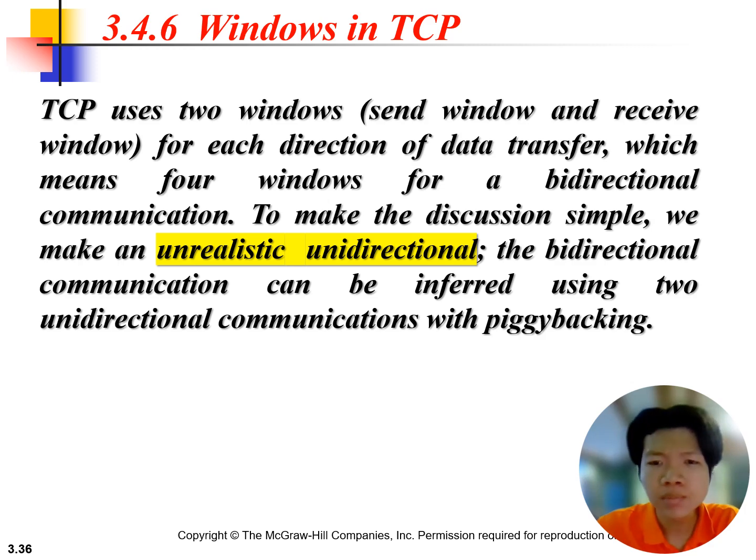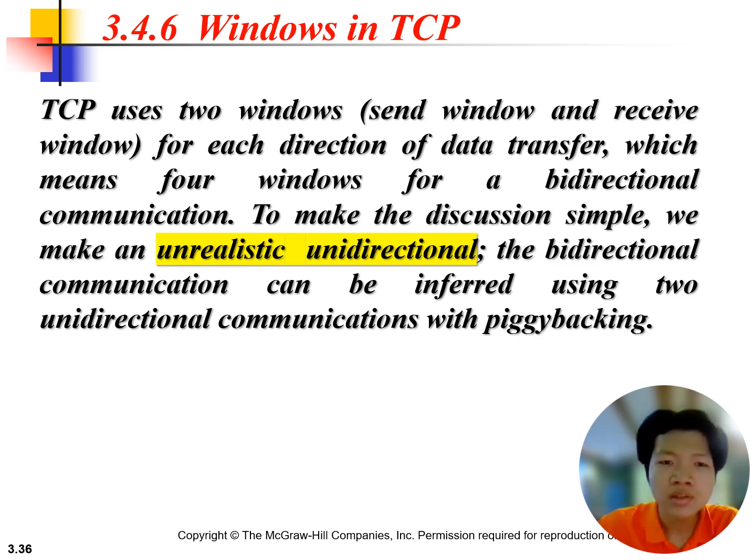Windows in TCP. TCP uses two windows, send window and receive window, for each direction of data transfer, which means 4 windows for a bidirectional communication. To make the discussion simple, we make an unrealistic assumption of unidirectional communication.